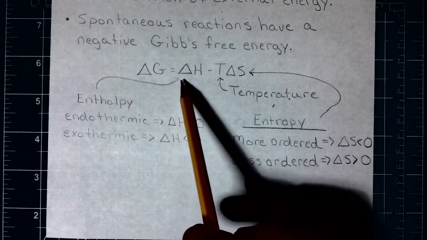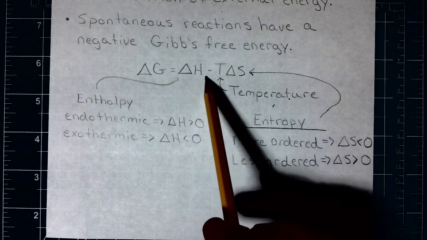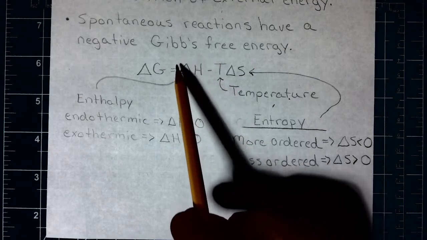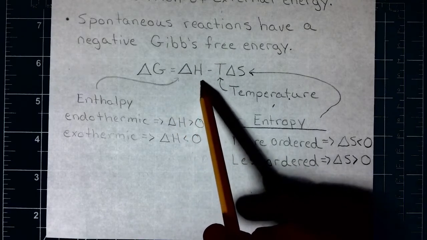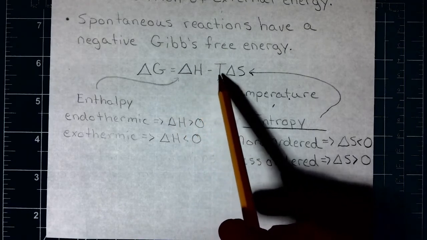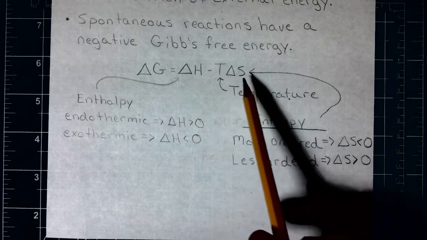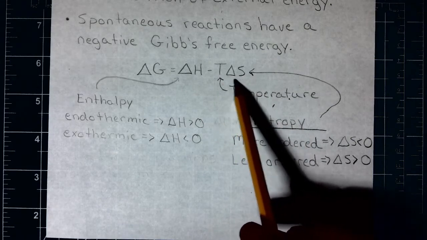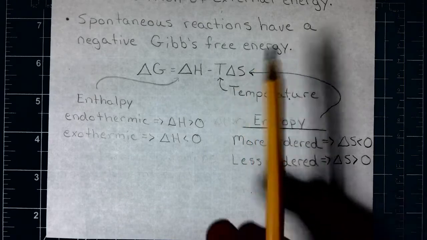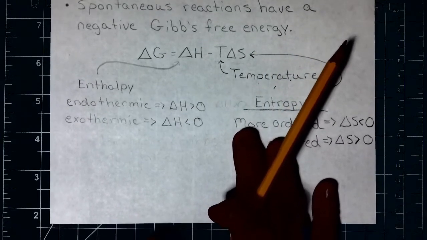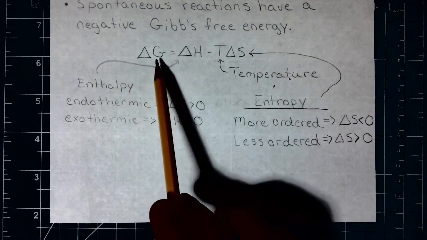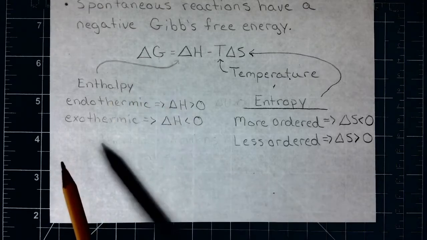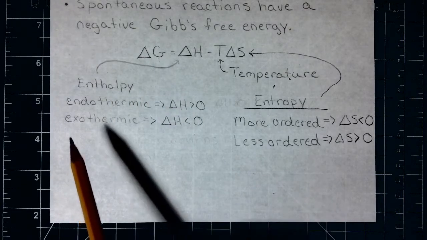And delta G is going to equal the change in enthalpy, which we saw in our unit on energy, minus the temperature times the change in entropy. And when this term is negative, a solution is going to form spontaneously.